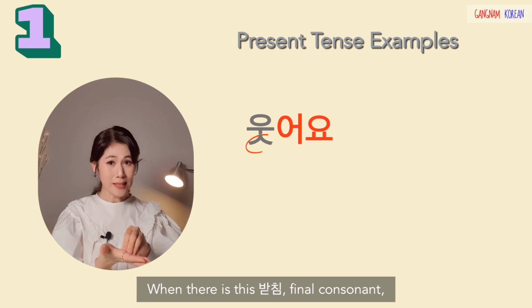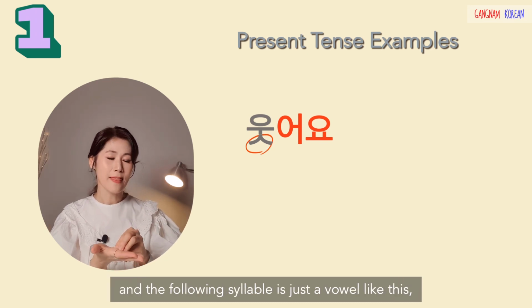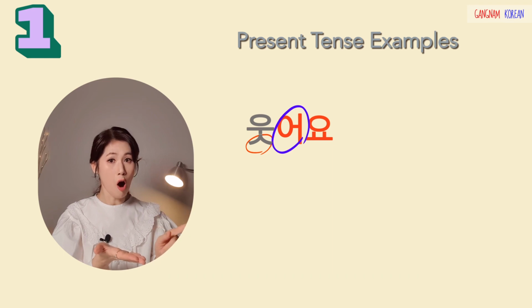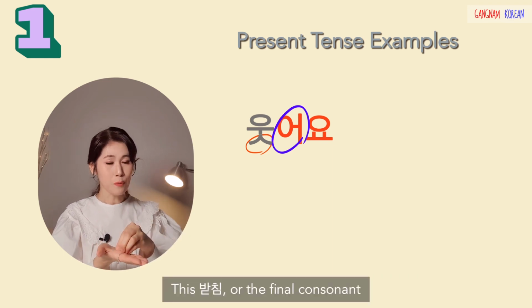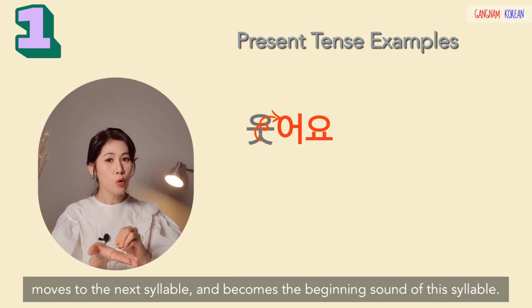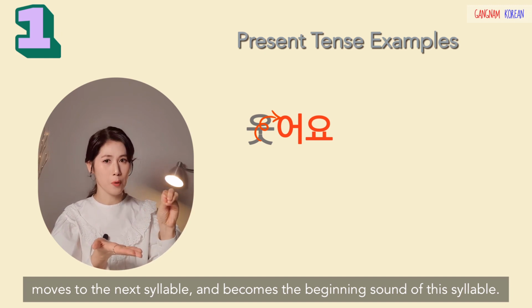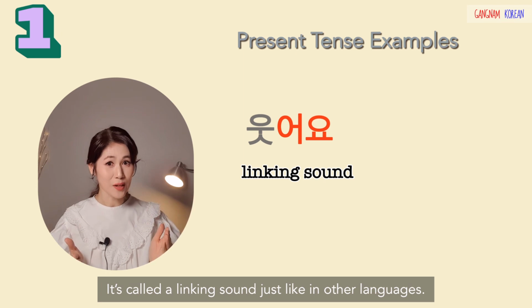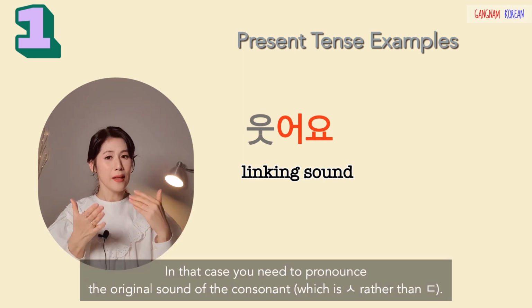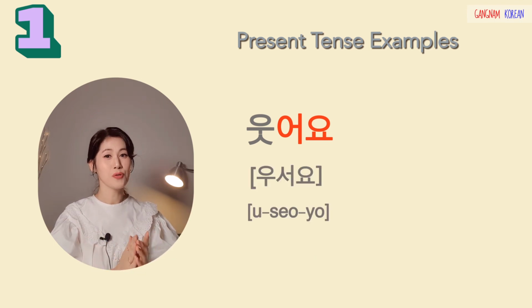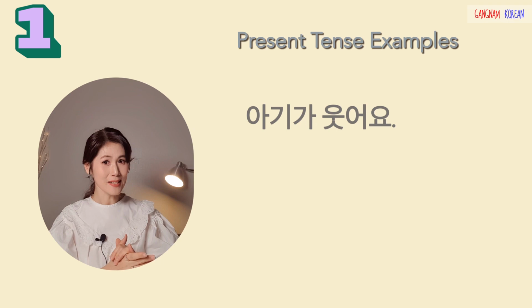When there is this 받침, final consonant, and the following syllable is just a vowel like this, 어, then this 받침 or the final consonant moves to the next syllable and becomes the beginning sound of this syllable. So it's called a linking sound, just like in other languages. In that case, you need to pronounce this original sound of this consonant. It's 웃어요.